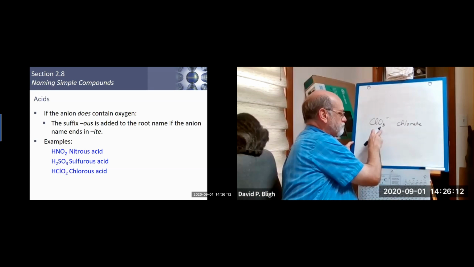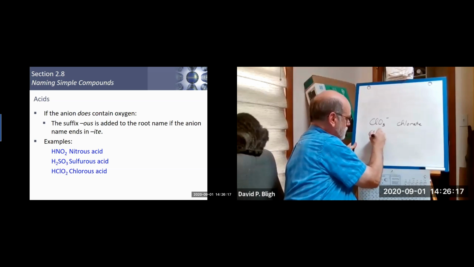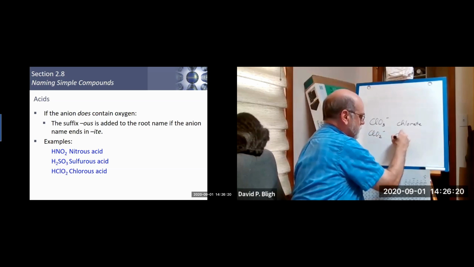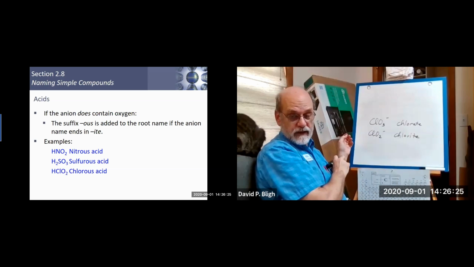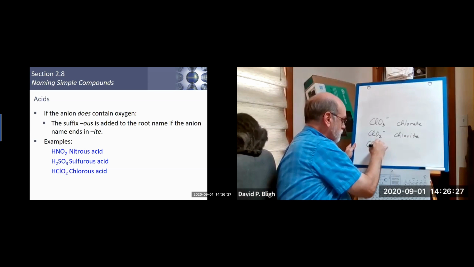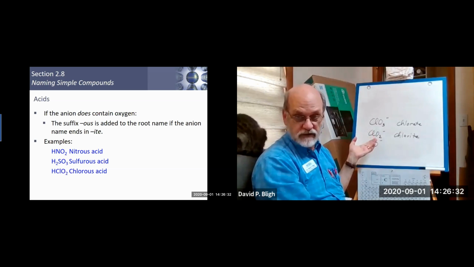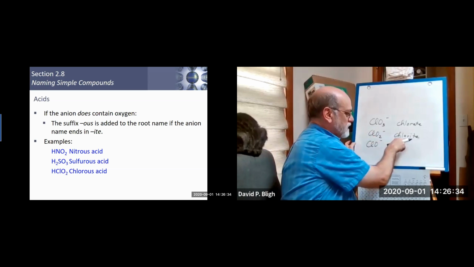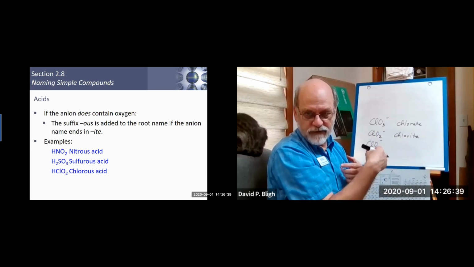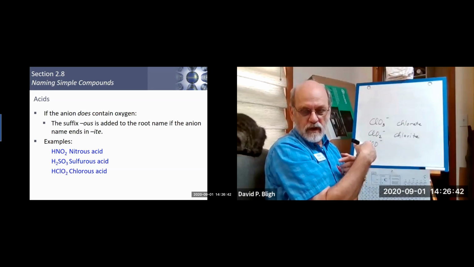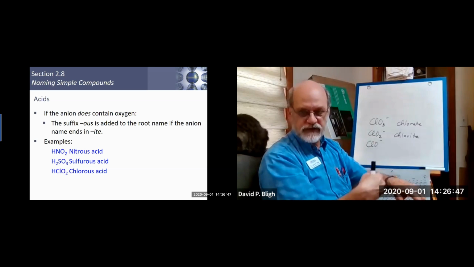Then if you take away an oxygen, you have the chlorite anion. If you take away another one, notice the charge stays the same, but we just lose some oxygen. Then we don't have any more suffixes available, so we have to add a prefix. So we go underneath the ite, hypo, like hypodermic, under the skin.